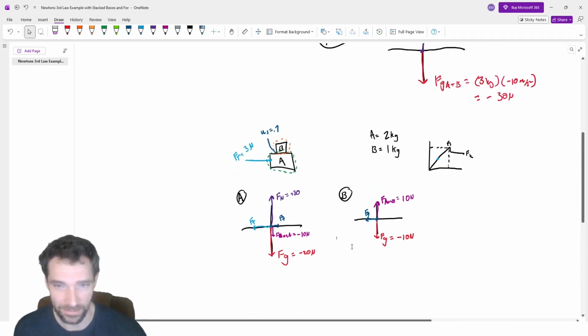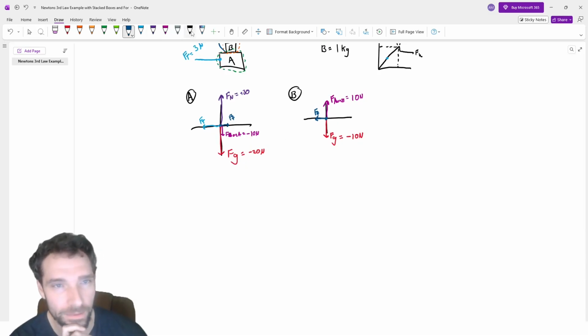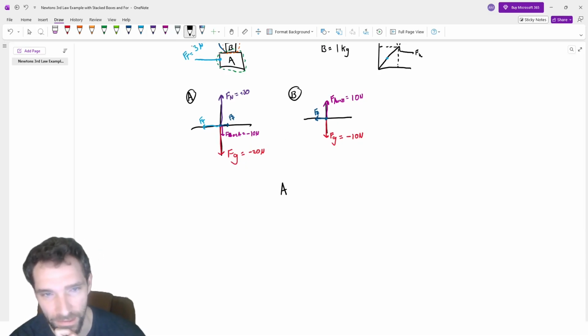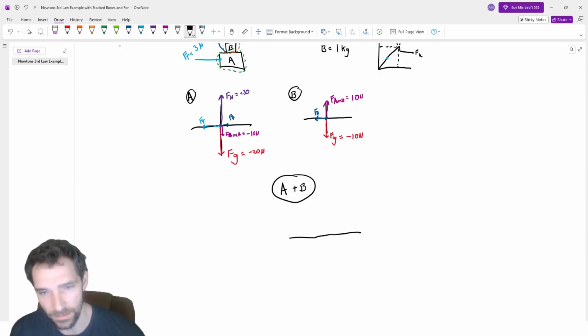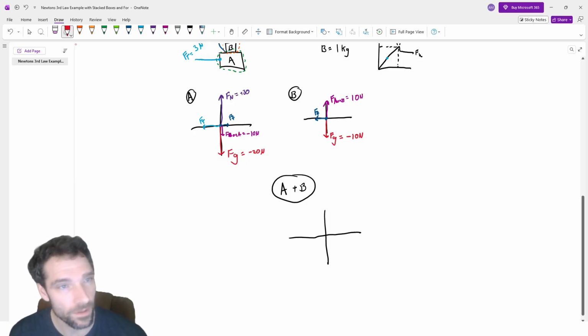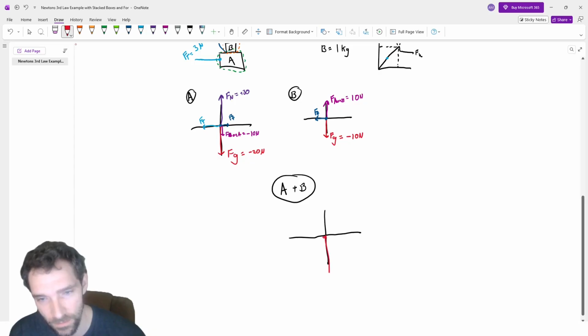So you actually need to consider objects A and B together to figure out what's going on individually. So if you look at the two together, you've got this much larger force of gravity downward.